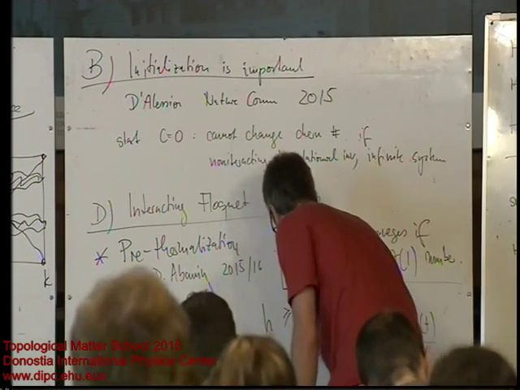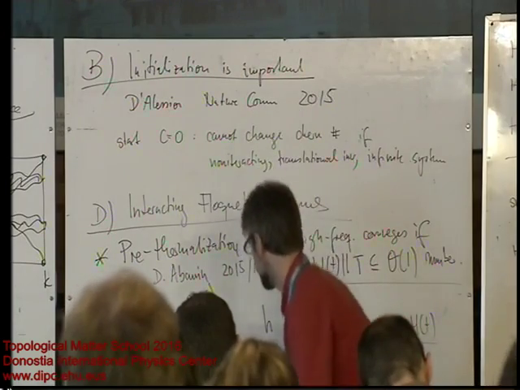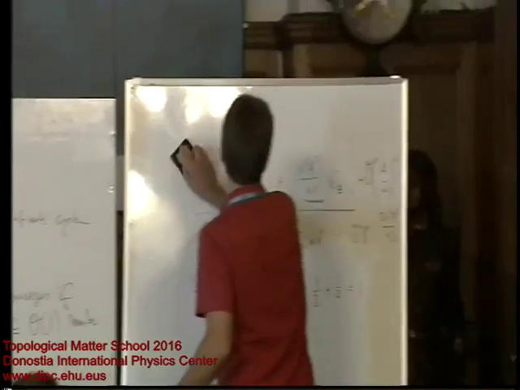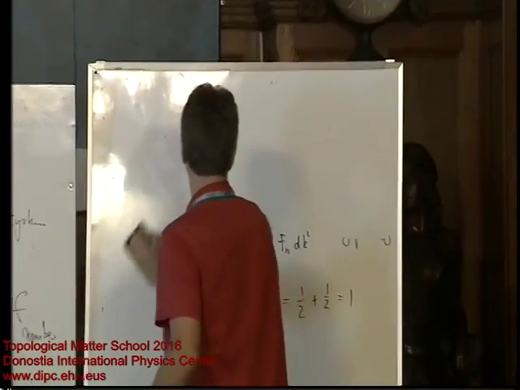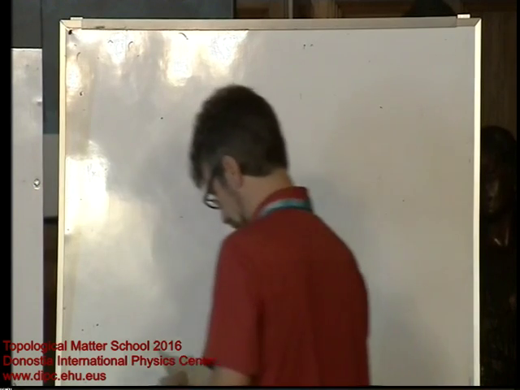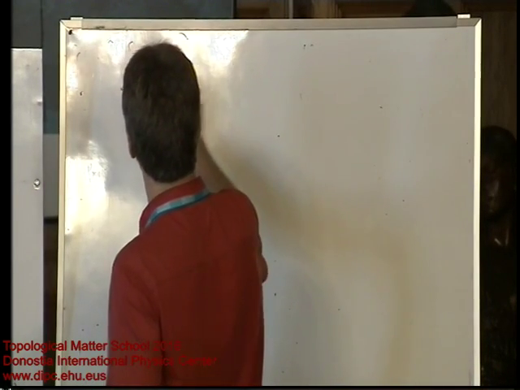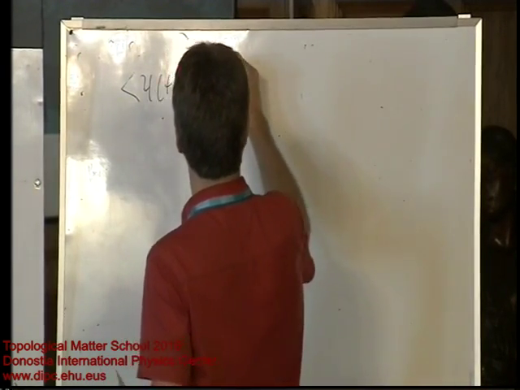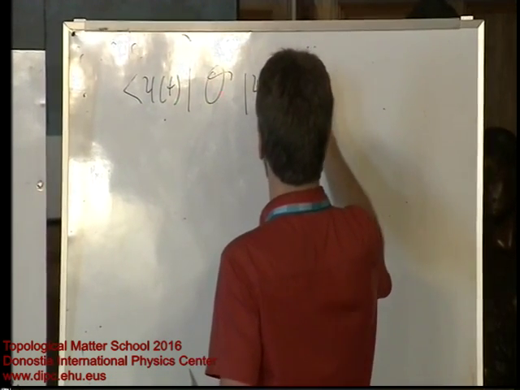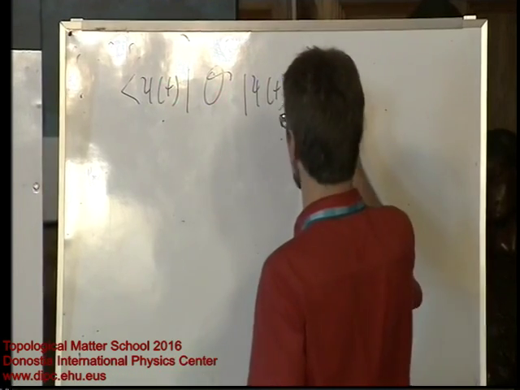Such that expectation values of a local operator, so if I have a state psi of t and some local operator O, they actually look thermal with respect to this Hamiltonian.